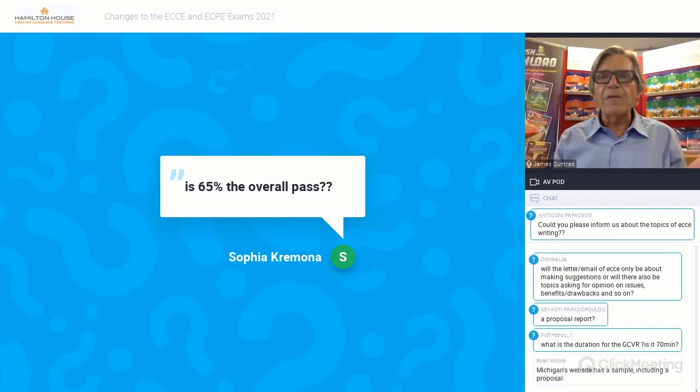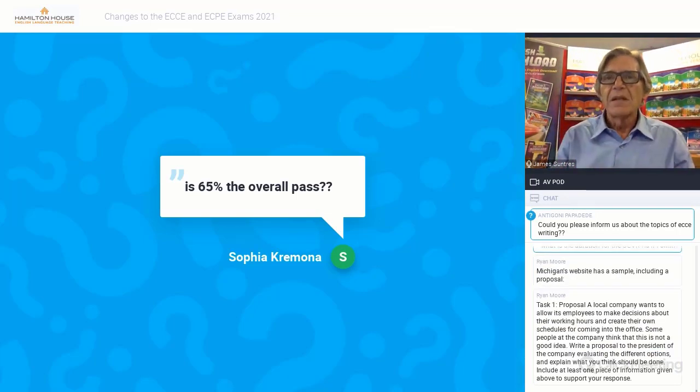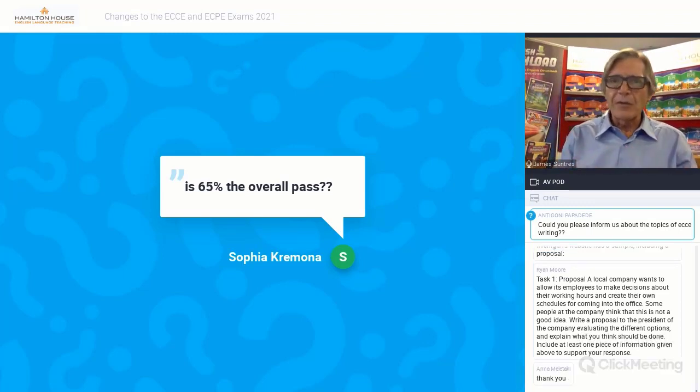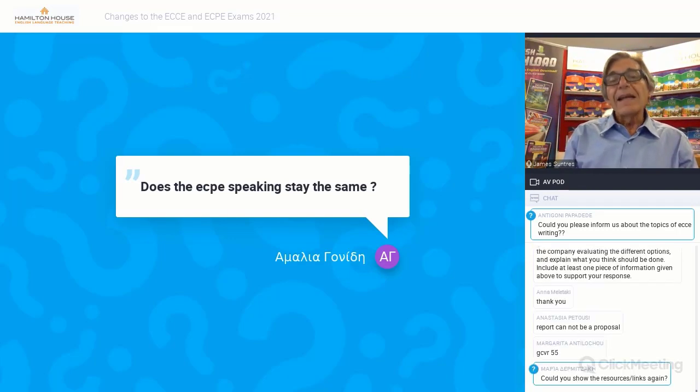The actual number might fluctuate, but there's no other way you can really do this, because this is a psychometric test, item response theory, where each and every individual item is looked at. Okay, so that's why.